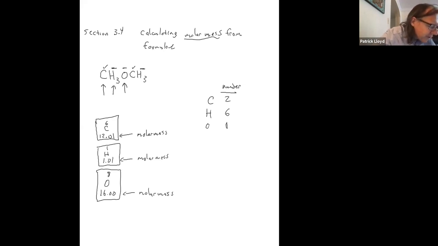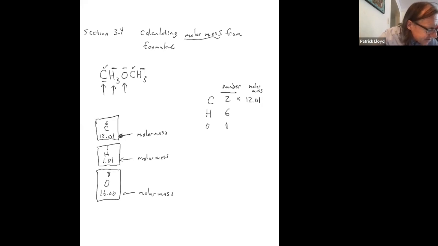Okay. So what you do to find the molar mass is you just add up the mass of every atom in the molecule. So if you've got 2 carbons, you would multiply that by the molar mass, because this is how much 1 mole of carbon weighs. But we have 2 moles here. Okay, so 2 times 12.01.